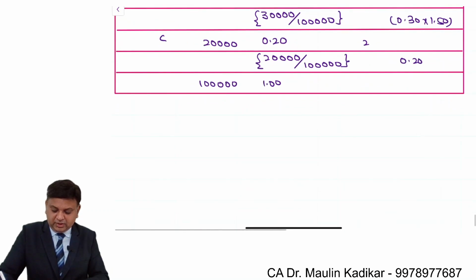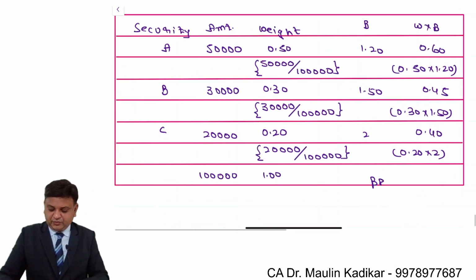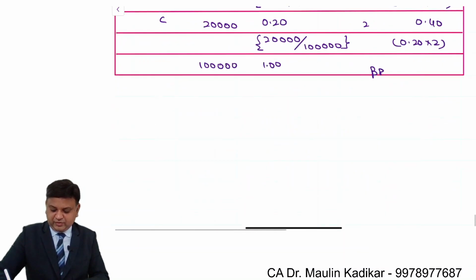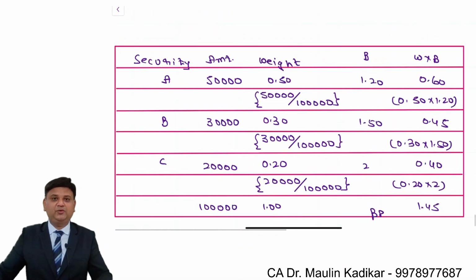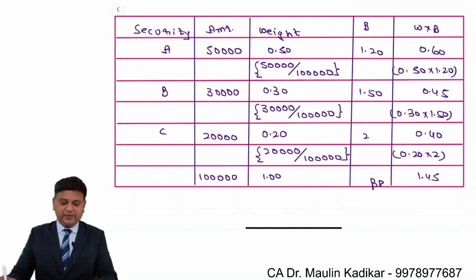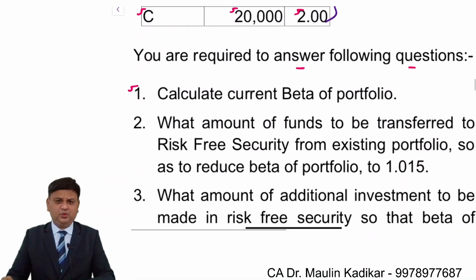Then 0.2 into 2 comes to 0.4. So beta of the portfolio is 0.6 plus 0.45 plus 0.4, that comes to 1.45. This is the way beta of the portfolio can be calculated. So the first part of the question, beta of the portfolio, is 1.45.